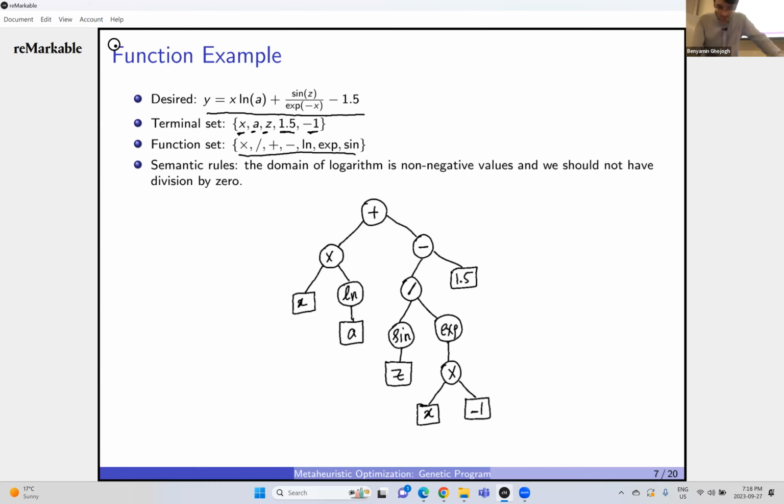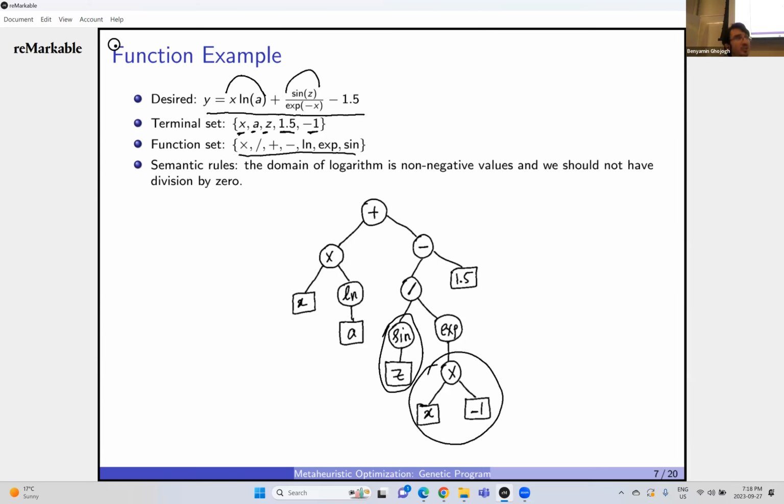So here, now let's represent this. I have x, natural logarithm of a. Then I have multiplication between them. Agree? Now let's focus on this part. So I have sine of z, right here. Then in the denominator, I have minus x first. Minus x is here.